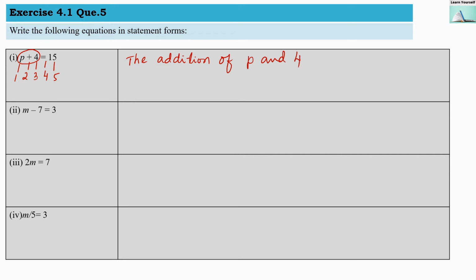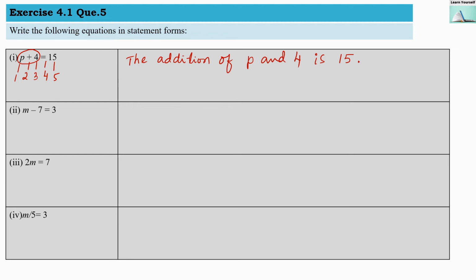Now we have to write equals to. So we are going to write here is as equals to. So is 15. That is going to be our answer. So the addition of p and 4 is 15 or will give us 15. Like that we can write a statement. So this is a statement for the first equation.